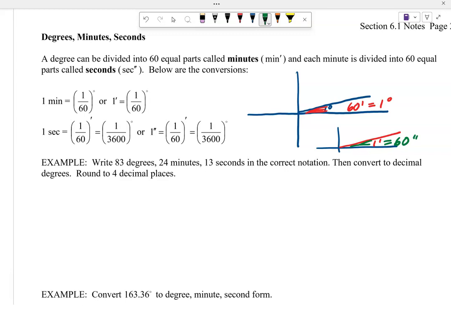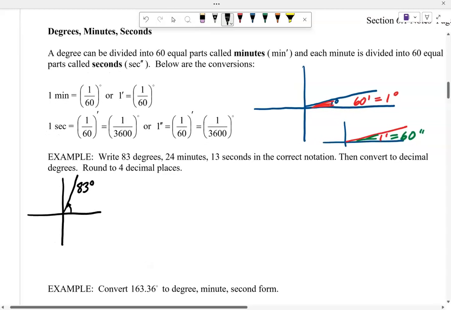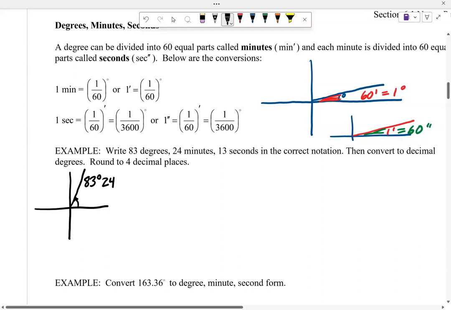So let's write 83 degrees, 24 minutes, and 13 seconds. So it's 83 point something degrees.